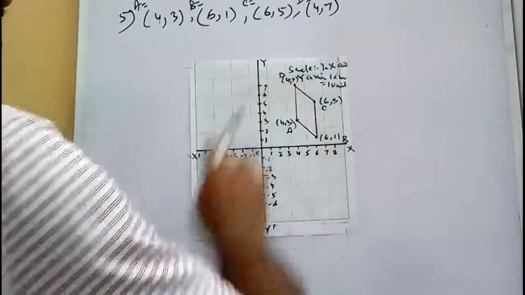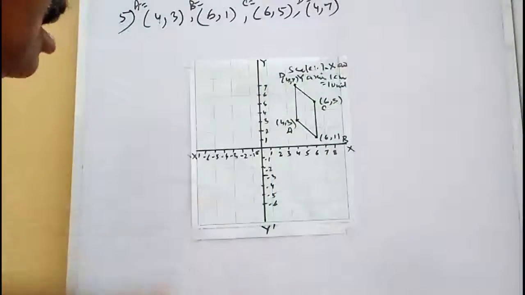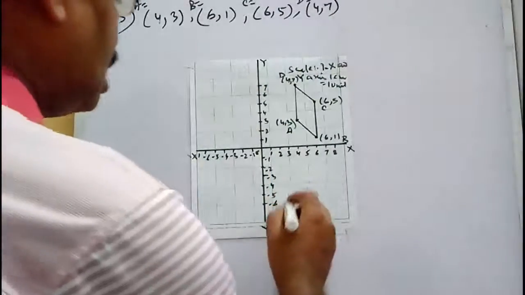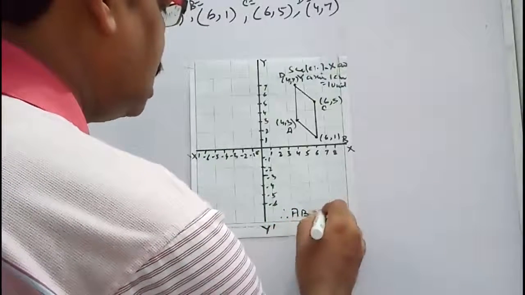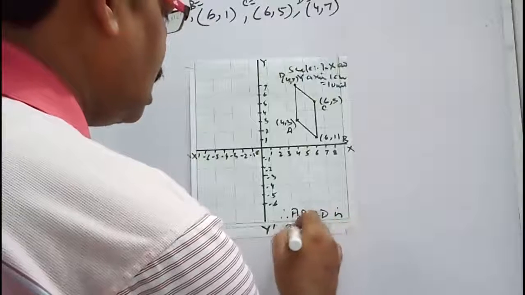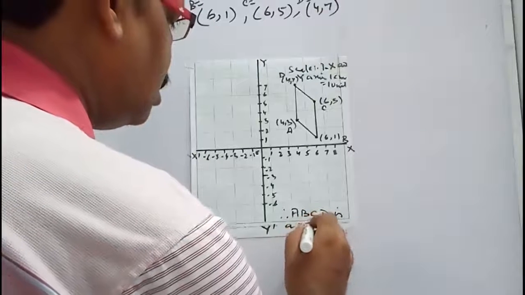So opposite sides are parallel and equal. So here write A, B, C, D is a parallelogram.